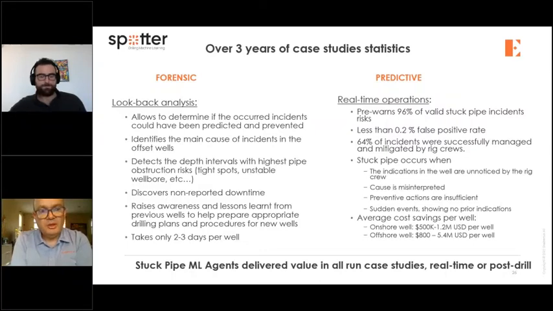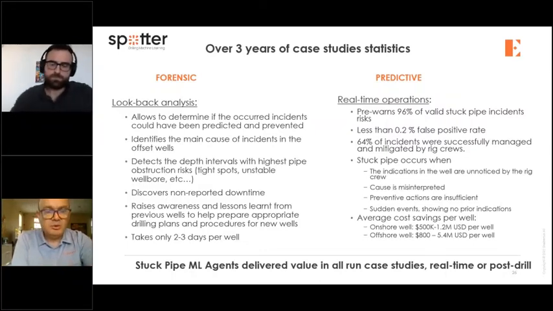So a lot of our clients do forensic analysis, which is look-back analysis, right? So they basically do a post-drill evaluation of the wells using our software to be able to do different things.